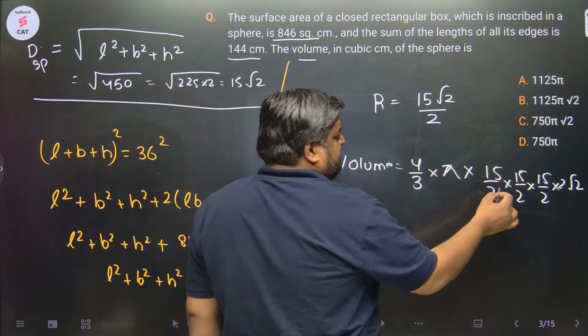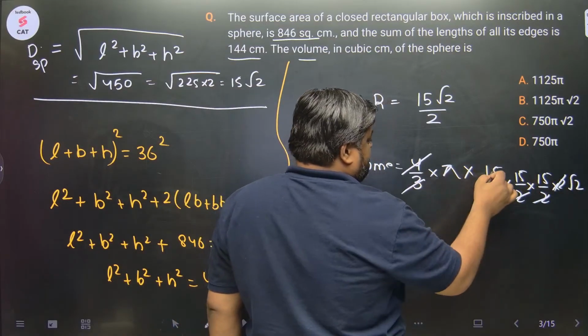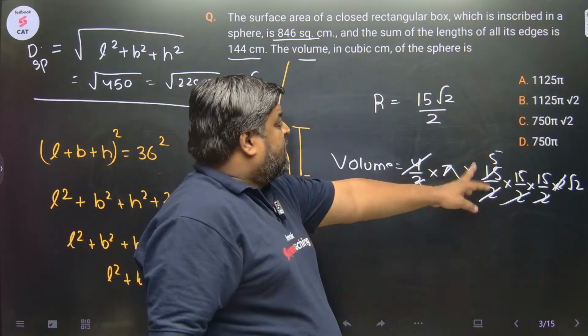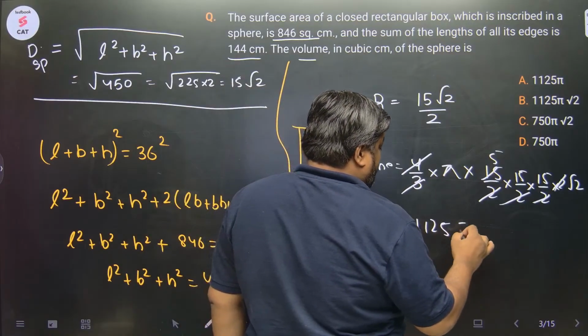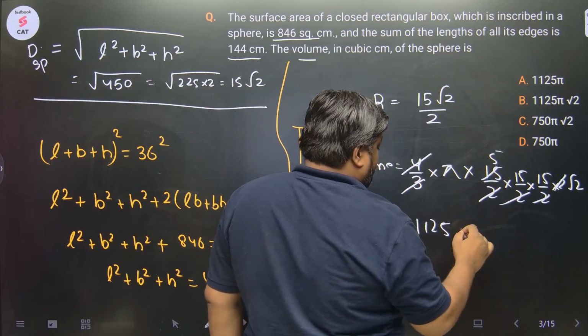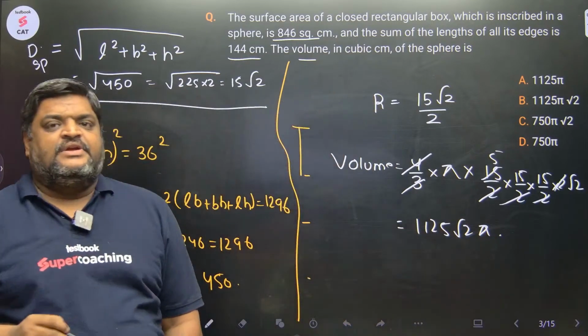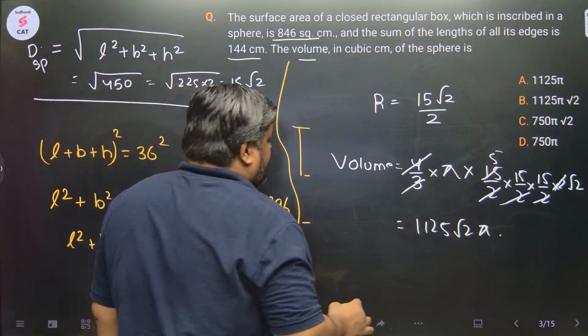Chalo. This goes in 5 times. 15 15s are 225. 225 into 5 is 1125. 1125 root 2 pi. That's your answer.